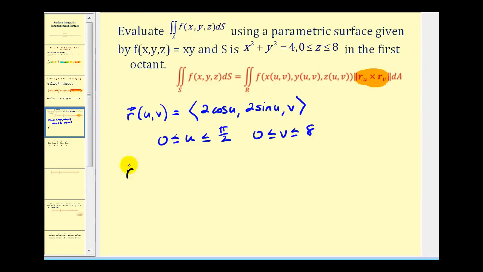So let's go ahead and find the partial derivative of r with respect to u. That's going to be negative 2 sine u, 2 cosine u, and 0. Then the partial derivative of r with respect to v, that'll just be 0, 0, and 1.